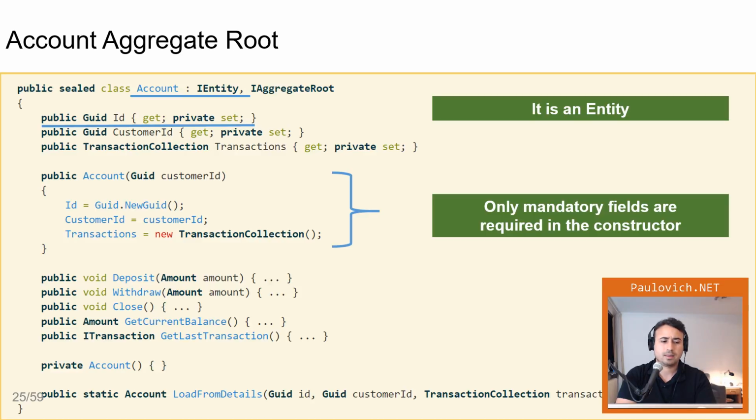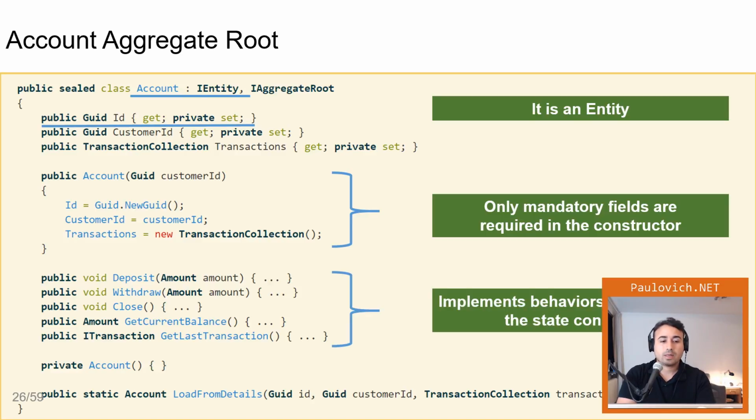Of my aggregate roots. And all aggregate roots implement some kind of behaviors to change the state. So you don't have access to the internal fields of the aggregates directly to make a change. You need to access the methods or the API that the aggregate root exposes. And by using these methods, you change the behavior.